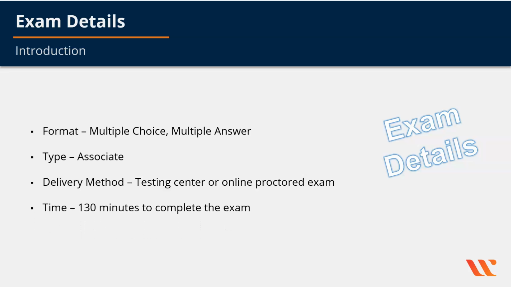The time allotted for this exam is 130 minutes, but if you are a non-English speaker, then you can request another 30 minutes. But you can only avail this facility once you register for the exam. The cost of the exam is $150 and the practice exam will be $20.